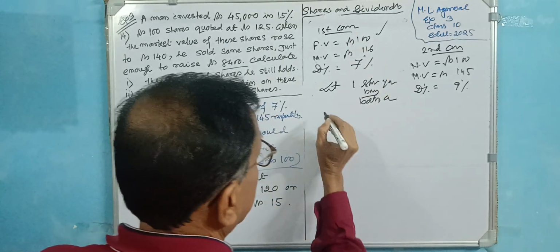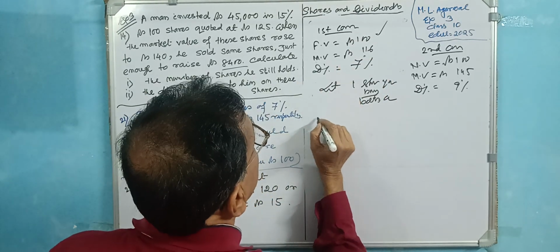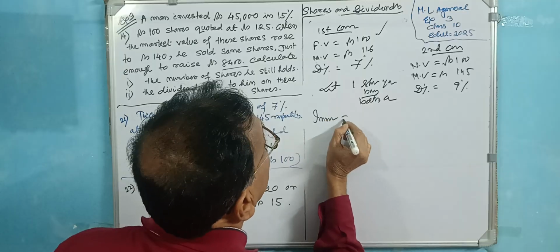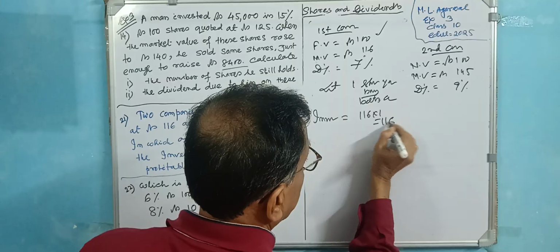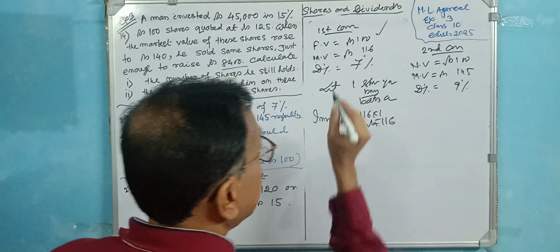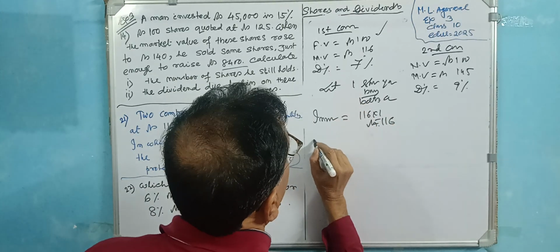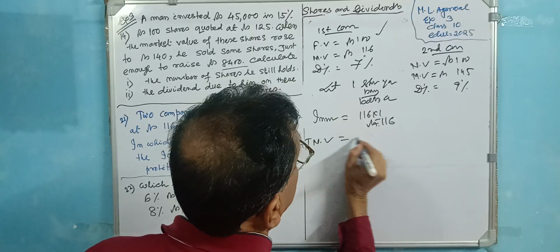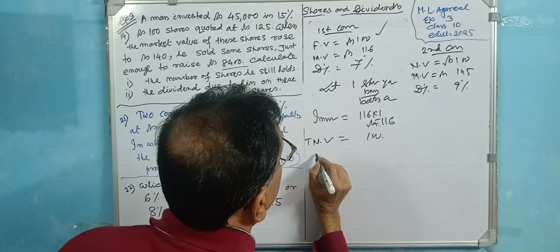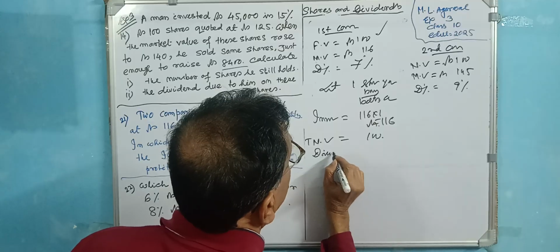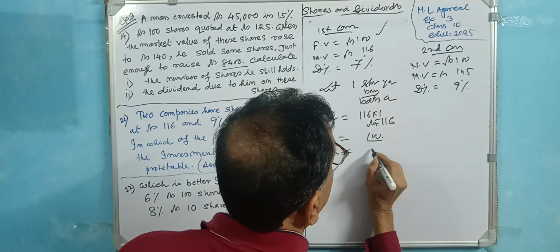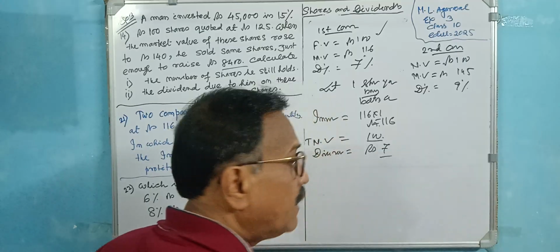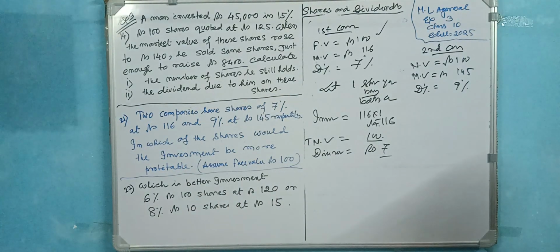So from here it will be one share. So the investment is 116 into 1, that is, the investment is rupees 116. But in the company, the total nominal value is 100. So the dividend received is 7, because 7%, rupees 7 dividend received. But what is your return?